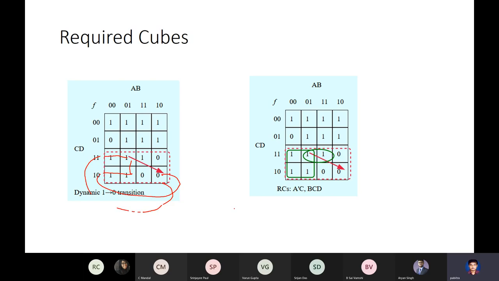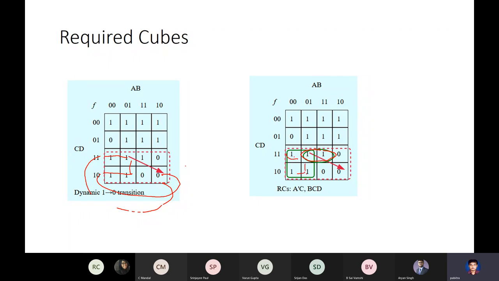And what are the required cubes? You see, this is one transition that needs to be covered. These required cubes are nothing but what you need to cover to avoid glitches. This is the B C D required cube. This is another required cube, A prime C. You need to cover this as well as this.